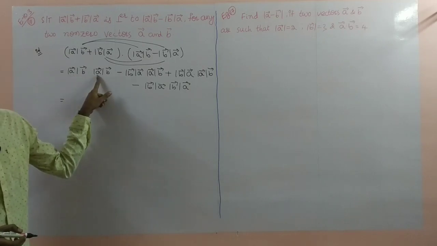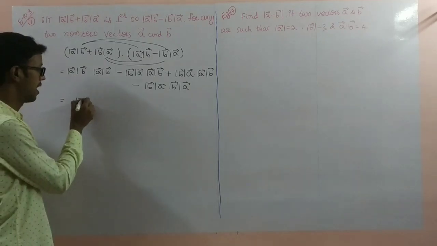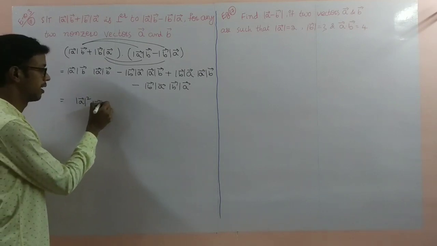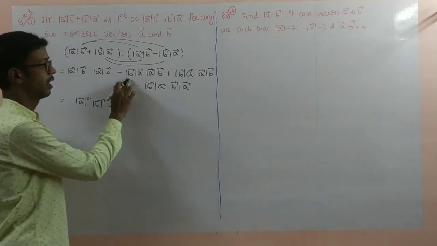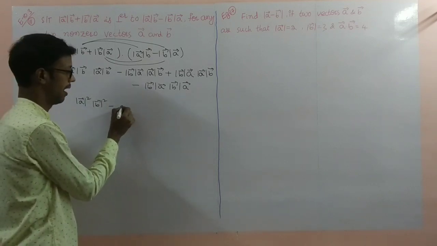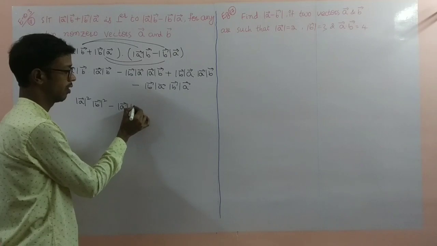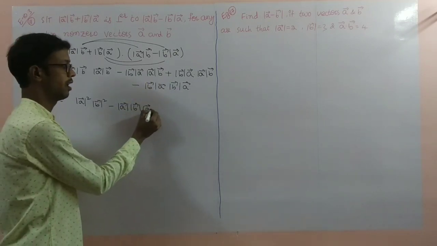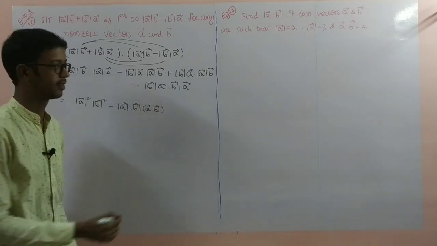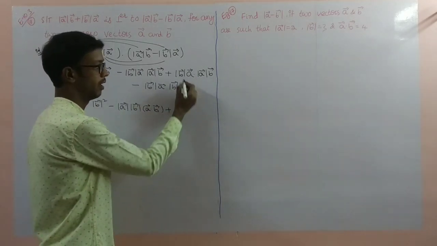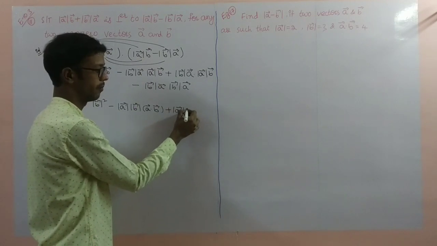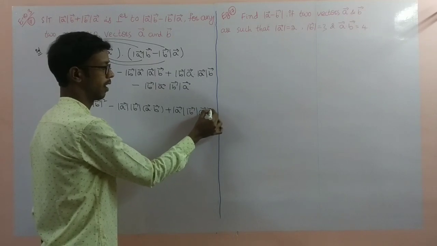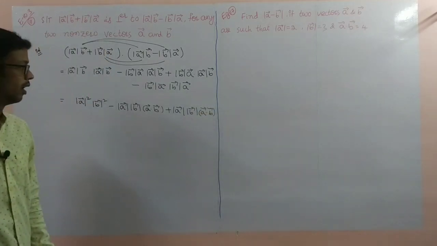Magnitude of a bar, magnitude of a bar, magnitude of a bar square. B bar dot b bar is magnitude of b bar square minus, this value I am writing as magnitude of a bar, magnitude of b bar first. Next, this value, dot product a bar dot b bar, I am writing. Next, this value is similarly magnitude of a bar, magnitude of b bar into a bar dot b bar.